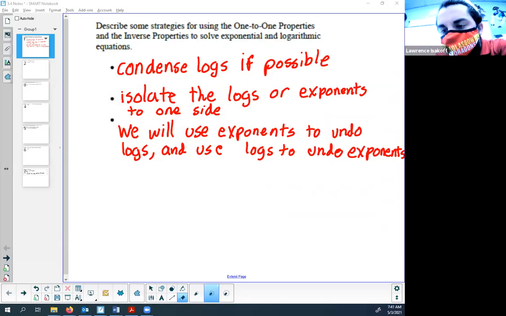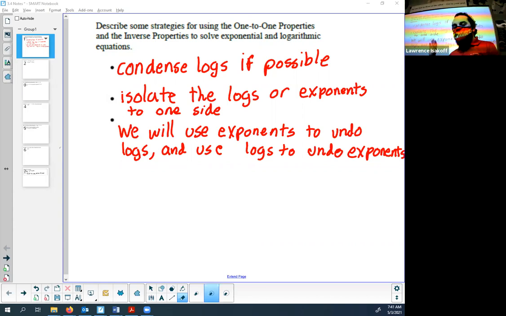So today we're covering our last lesson inside of chapter 3, and that is dealing with solving exponential and logarithmic functions. If you want to look ahead in the book at 3.5 and 3.6, it talks about stuff with modeling.